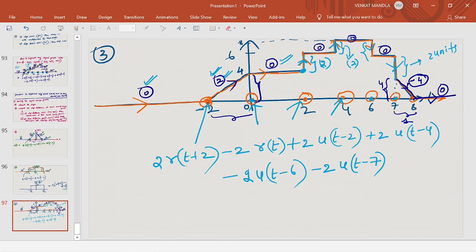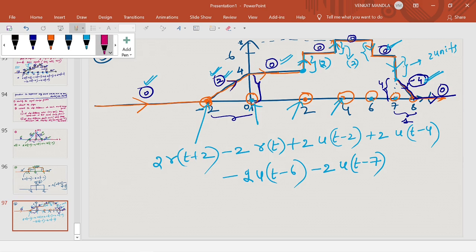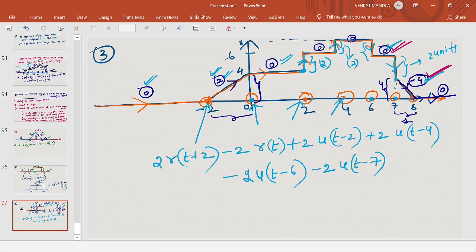And at the same time, the decreasing step is there. At the same time, the slope difference is also there at t equal to 7, because the final slope is minus 4, and the initial slope at t equal to 7 is 0. Okay, so I will write in another color. So this 0 is the initial slope, and this minus 4 is the final slope for t equal to 7.